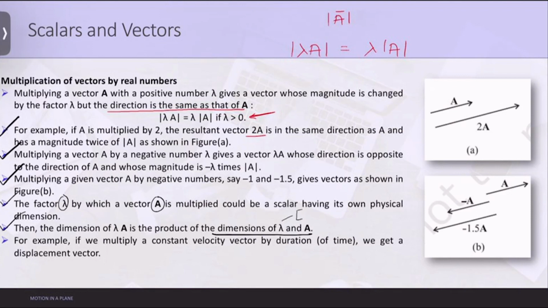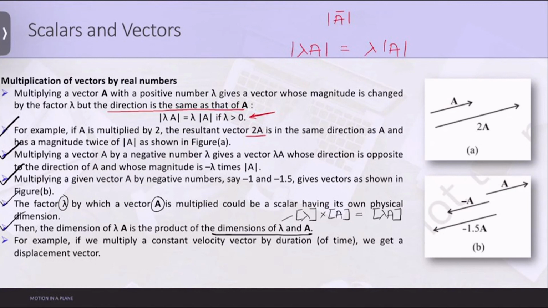In the previous chapter of units and measurements, we understood that we write the dimensions in square brackets, right? So lambda into a is equal to lambda a.